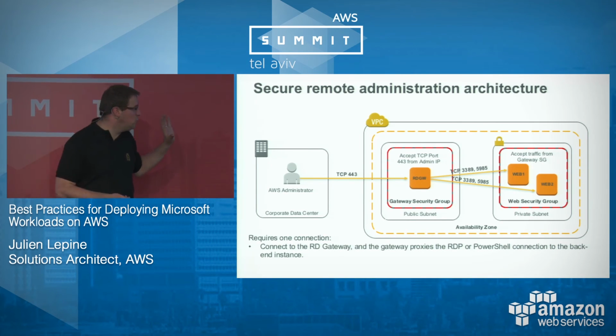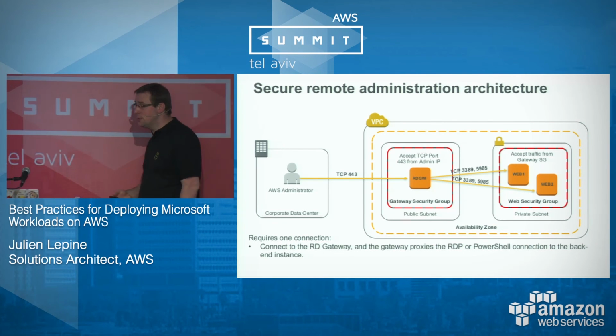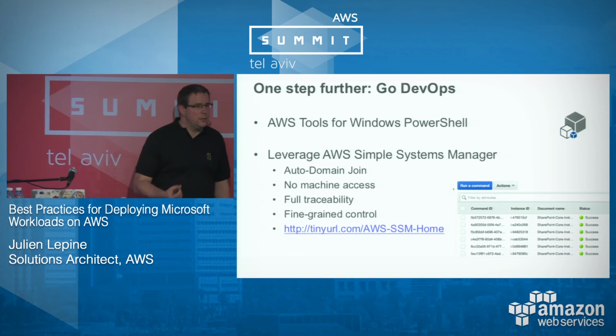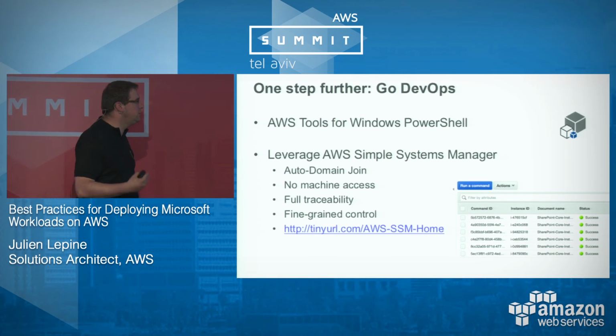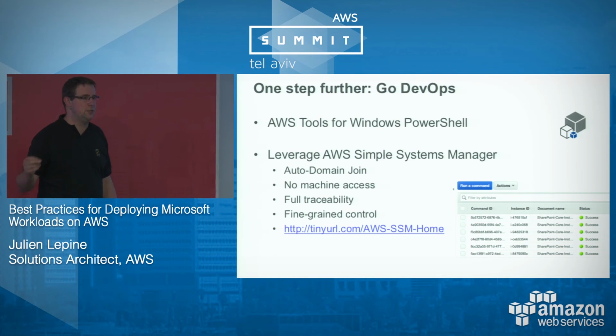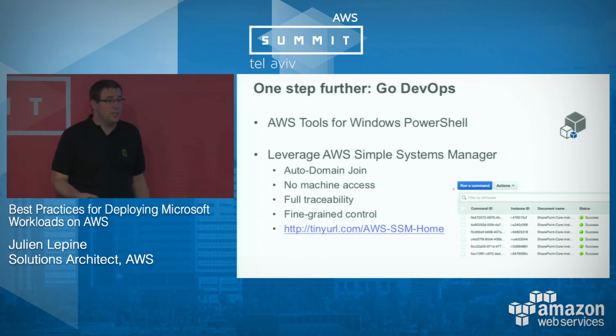It's really one of the ways we want you to start building architecture, and it's the way we recommend people build that. But to be clear, what we encourage you to do is to go DevOps. To go DevOps is to say, I should never have to connect to machines to do anything. These machines should be highly automated, and everything should be done by itself.